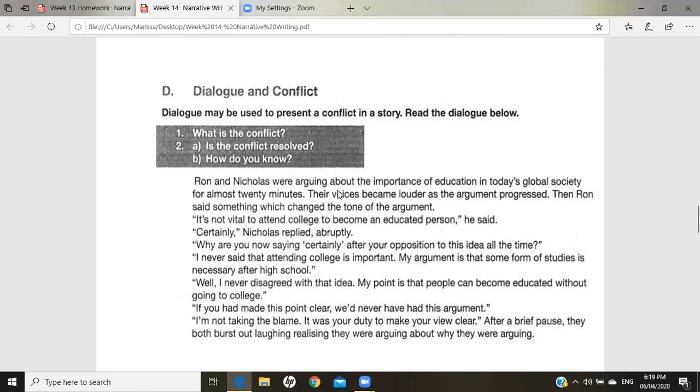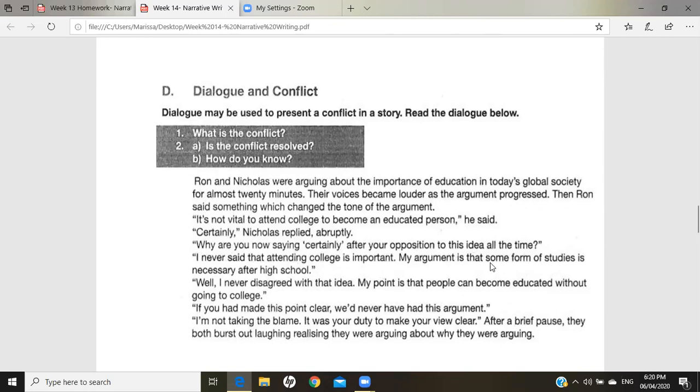Ron and Nicholas were arguing about the importance of education in today's global society for almost 20 minutes. Their voices became louder as the argument progressed. Then Ron said something which changed the tone of the argument. It's not vital to attend college to become an educated person, he said. Certainly, Nicholas replied abruptly. Why are you now saying certainly after your opposition to this idea all the time? I never said that attending college is important.